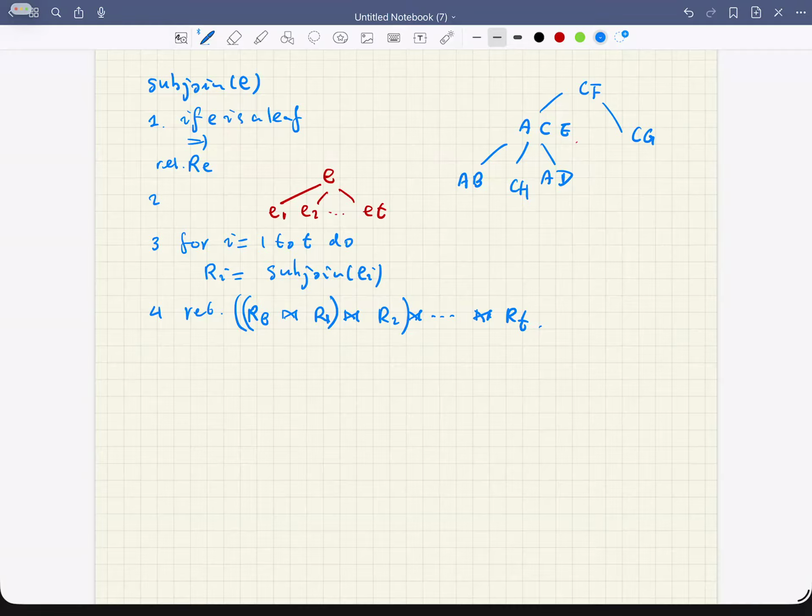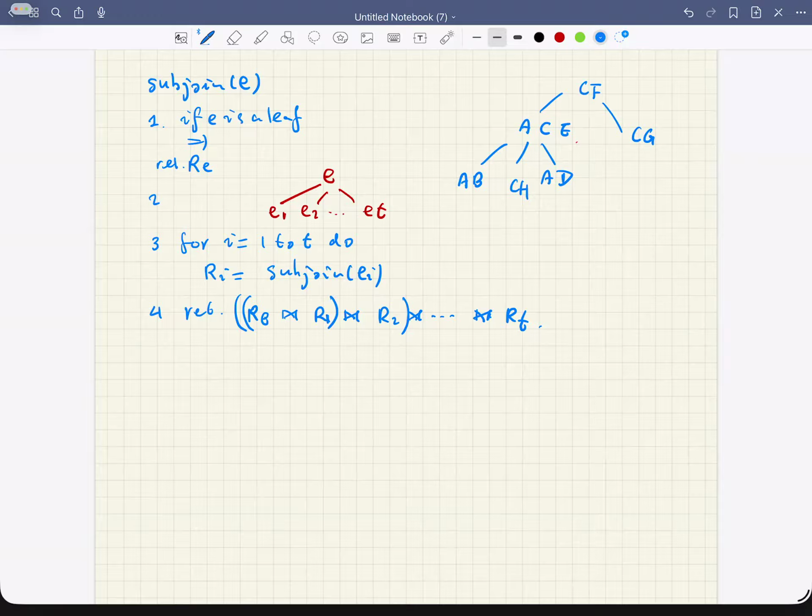Good. Now let's look at this running example. I would use this example to illustrate the algorithm. The algorithm is extremely easy. The first thing you want to do is ACE. You join ACE with AB, so that's one binary join. Now you get an intermediate relation. Use that relation to join with CH.